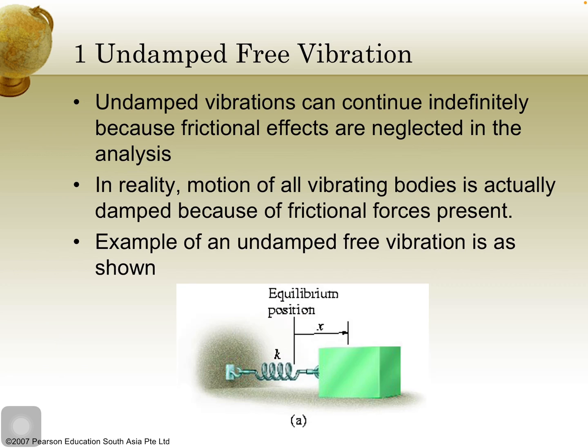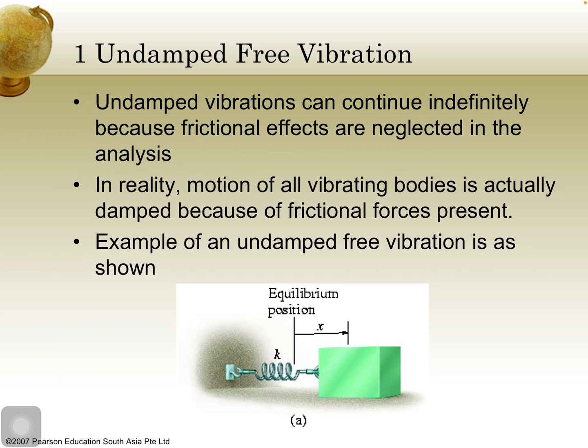Now we want to consider a system, and from the system we want to produce the equation for the vibrating system. The first one is undamped free vibration. When a vibration is undamped, it can continue infinitely without stopping.